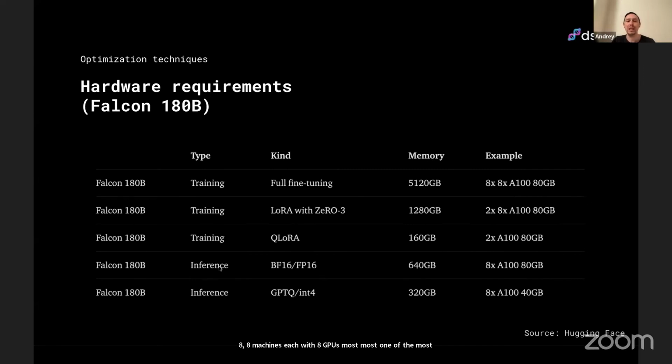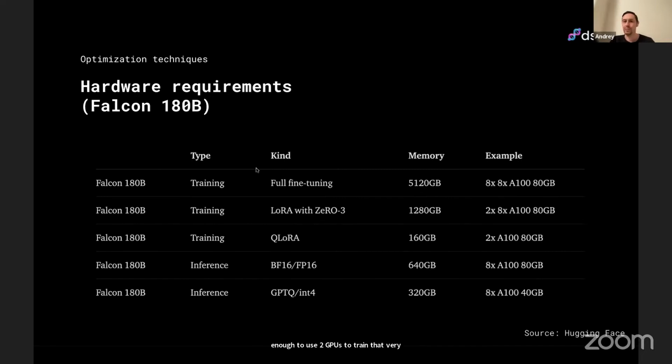However, if we apply quantization and then LoRa on top, you see that it's just enough to use 160 gigabytes. Basically, we have almost a 25 times drop in the memory requirements, and it's just enough to use 2 GPUs to train that very, very large model.